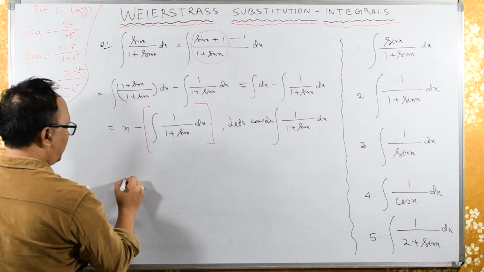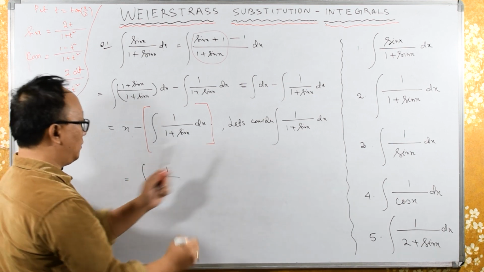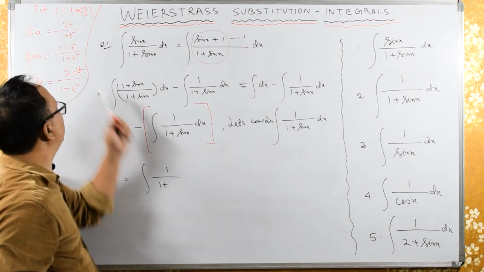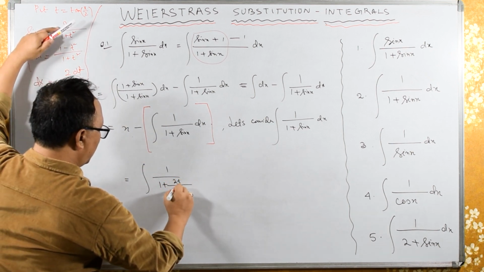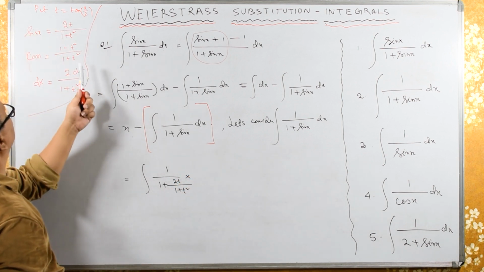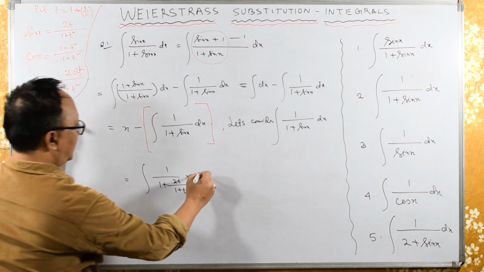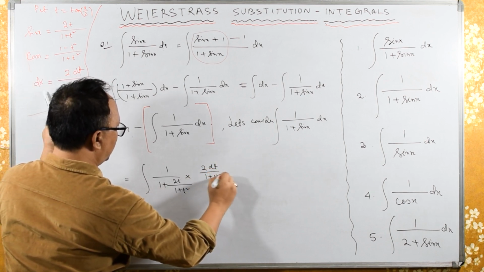Therefore this is the same as 1 upon 1 plus, by substituting, sin x is twice t upon 1 plus t square, into dx, which is 2 dt upon 1 plus t square.